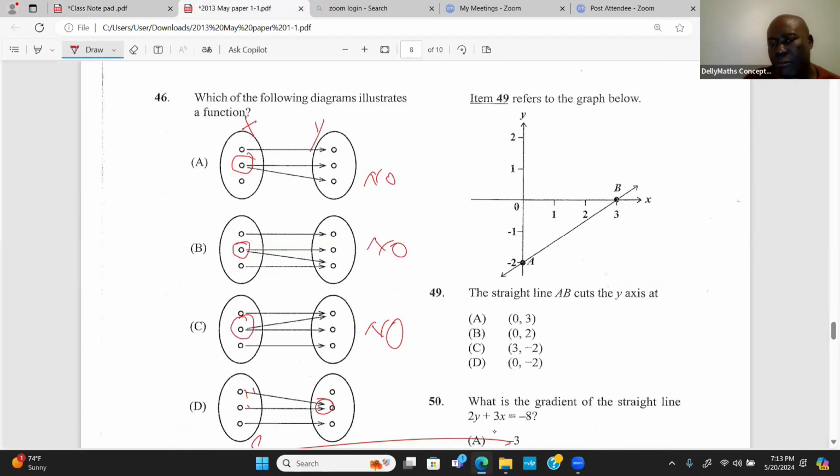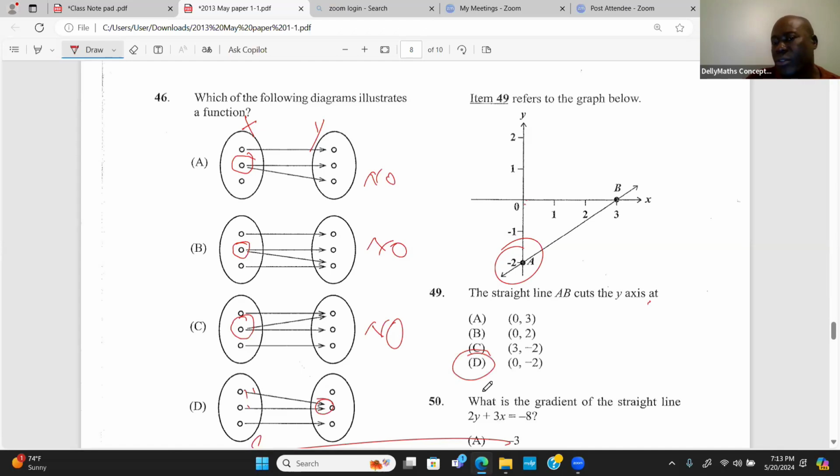49 says the straight line AB cuts the y-axis at what? See the y-axis there. So that is -2, but in terms of the x value, (0, -2). So be careful.